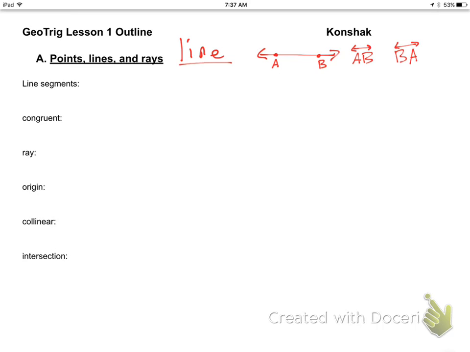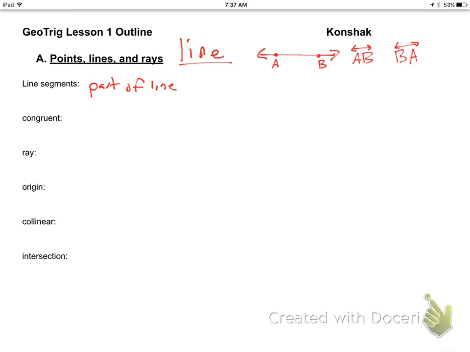Something that's a little bit smaller than a line would be something we would call a line segment. What's a line segment? It's got two points, and a starting and a stopping. So a line segment starts and stops. So it's part of a line, right? Yeah. Part of a line.